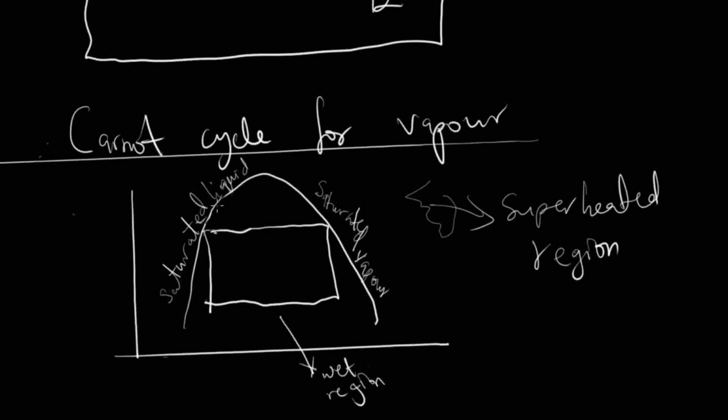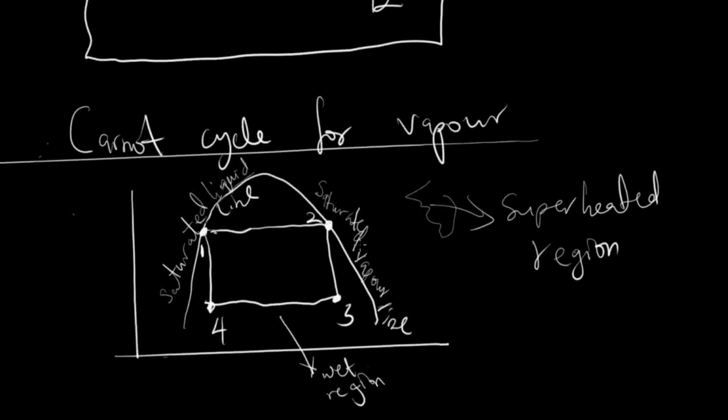Anything that falls here, this is 1, this is 2, this is 3, and this is 4. This tip falls on the liquid line, and this other tip falls on the vapor line. Then this space is the superheated region.